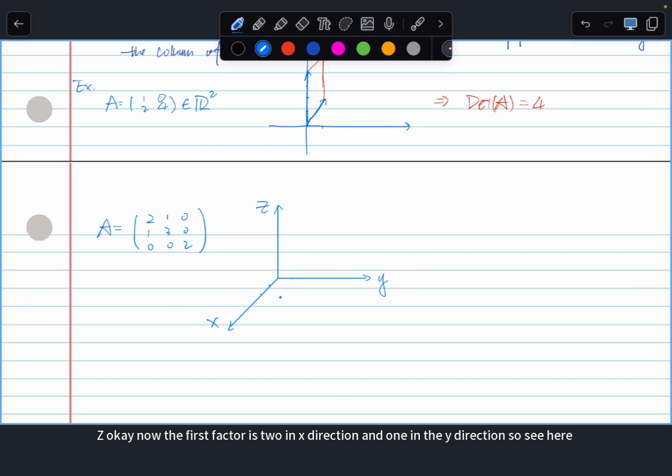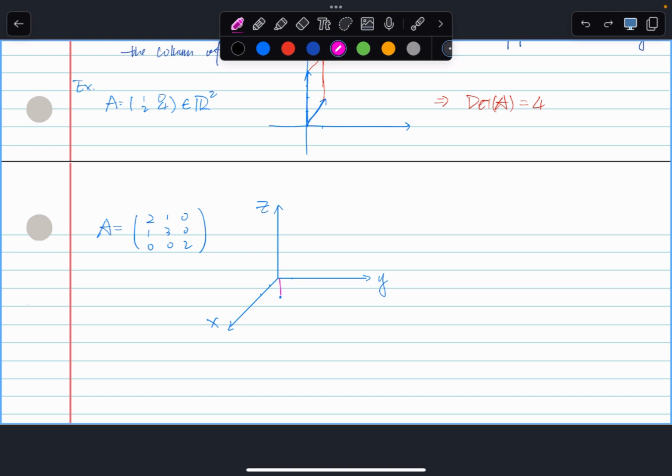So let's see here. Alright, second one is 1 in the x direction, 3 in the y direction. So let's see here.